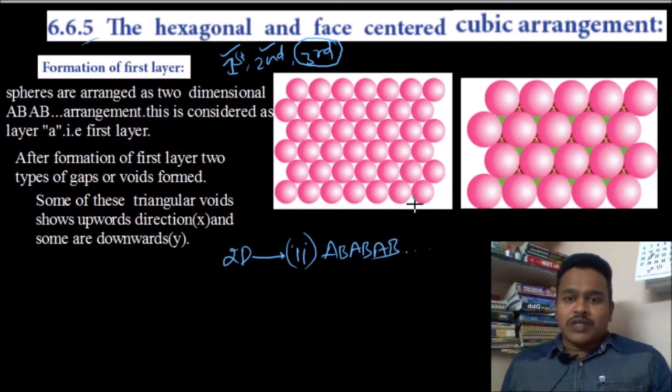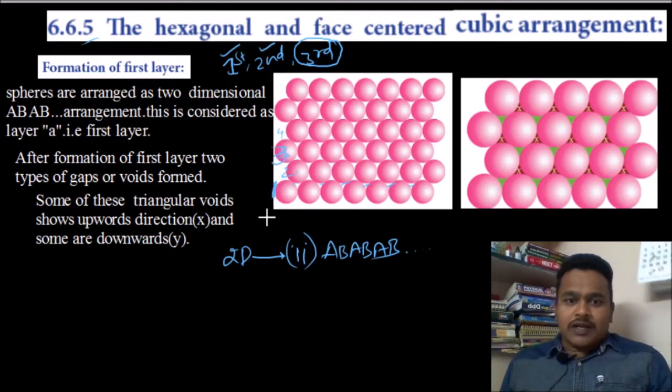First one row is there, in its depressions the second row is arranged, in those depressions the third row, then the fourth row. Like that you observe A, B, and again the first and third rows are similar.